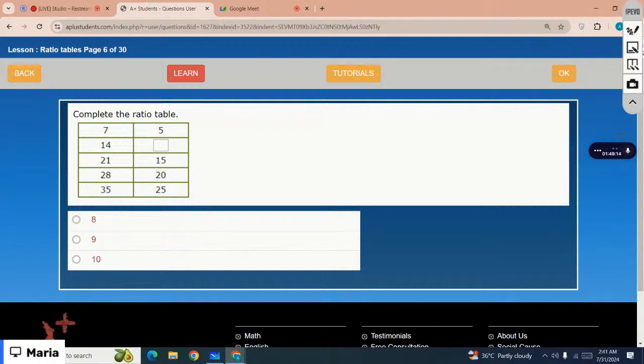Yes, 10 it is. The correct option is 10.